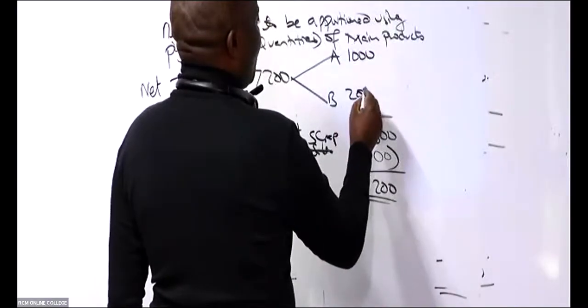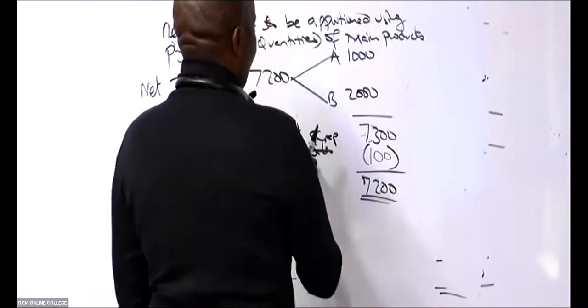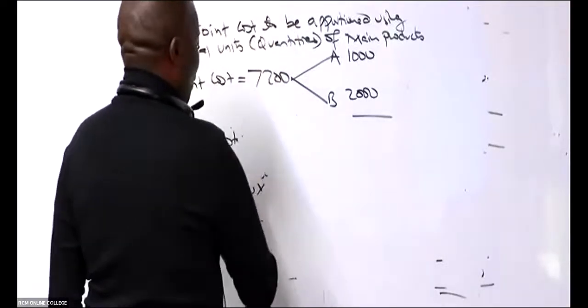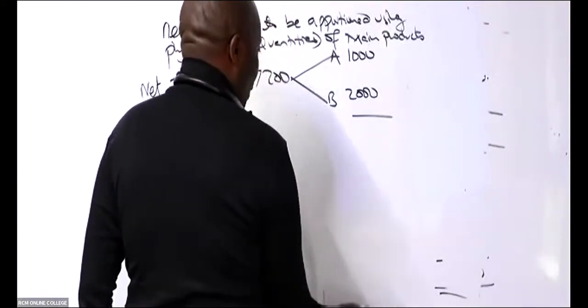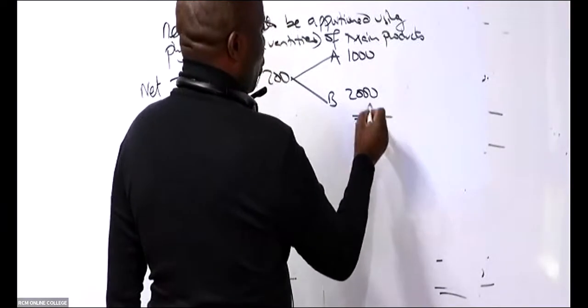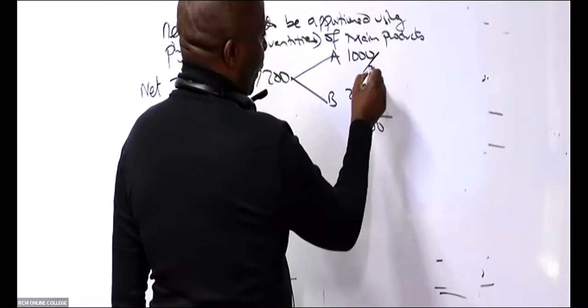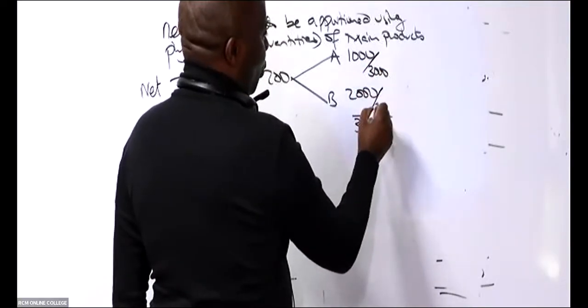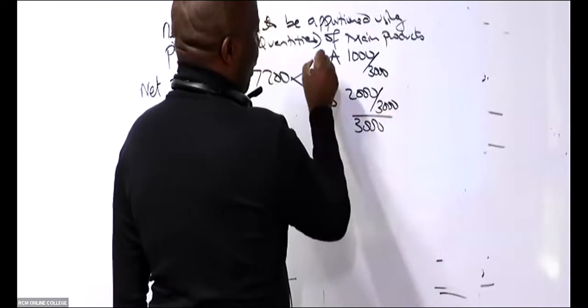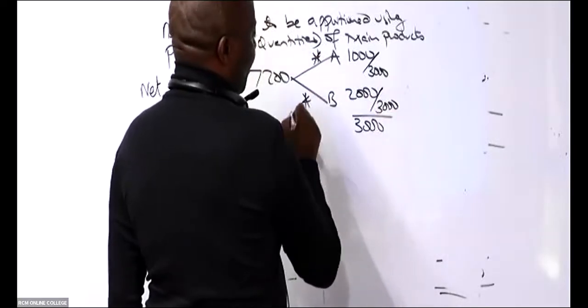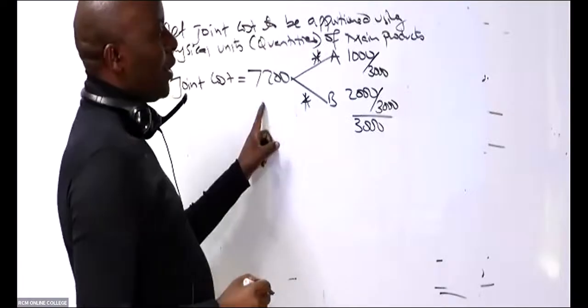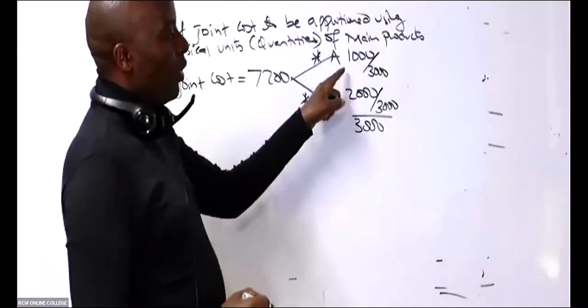If you add the two, you will get 3,000. So proportion-wise, this will be 1,000 over 3,000 and 2,000 over 3,000. Now you can do your multiplications. So you take 7,200 times 1 over 3.